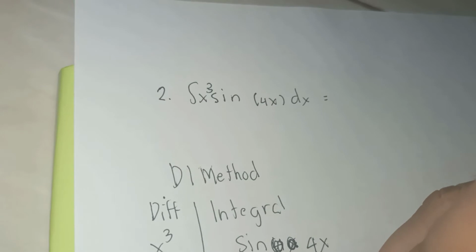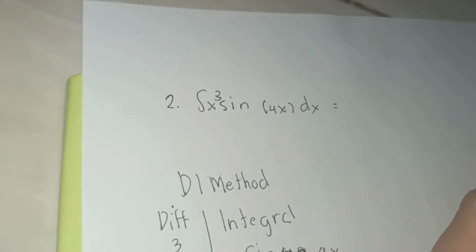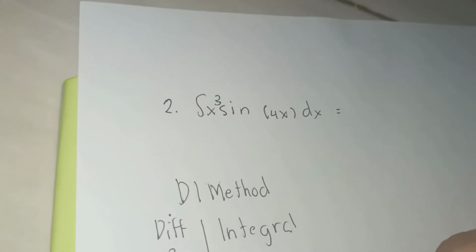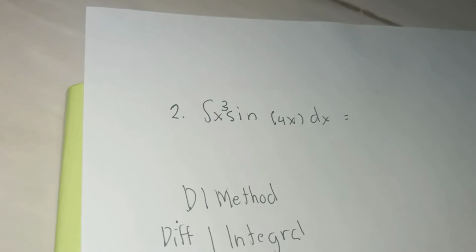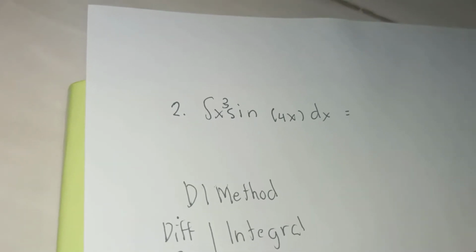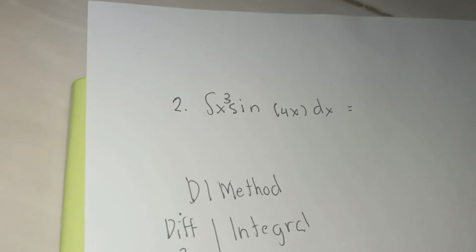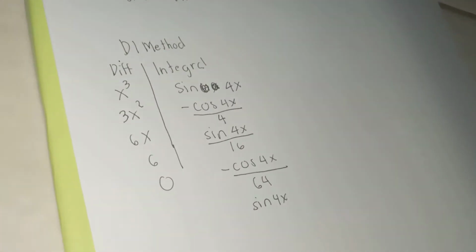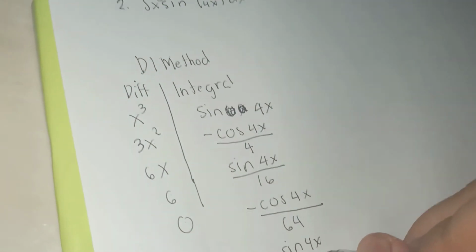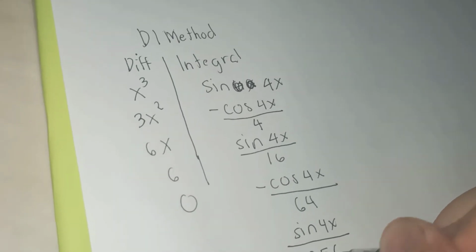After that, it's gonna be sine 4x, 4 times 4 will be 16, then negative cosine 4x, 4 times 16 is 64, and then the last one is sine 4x, four times 64 is 256.